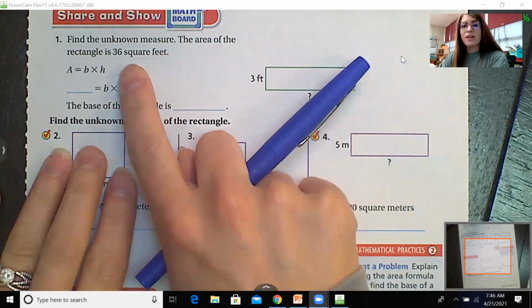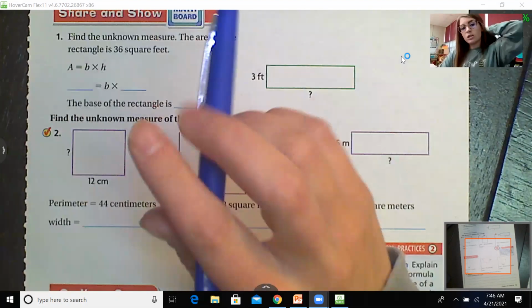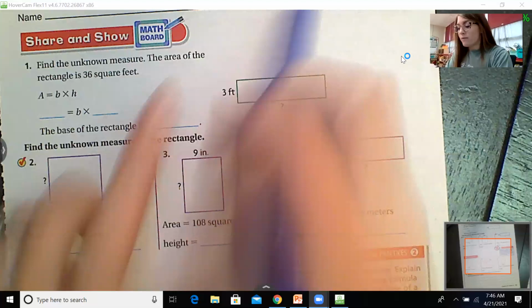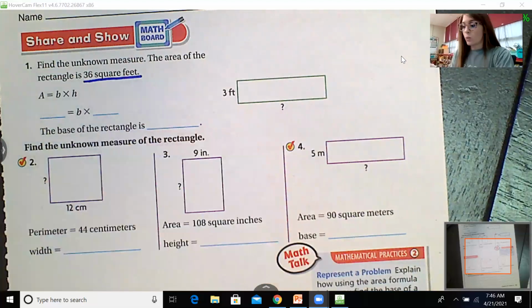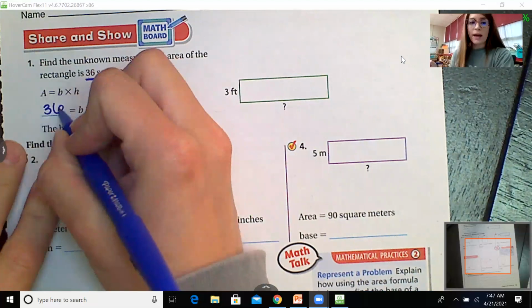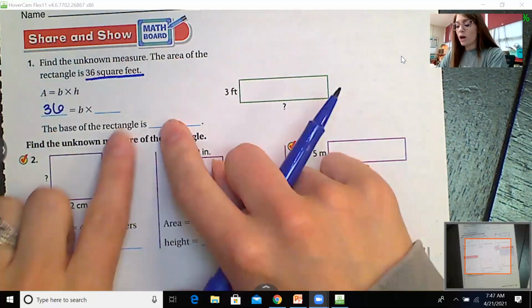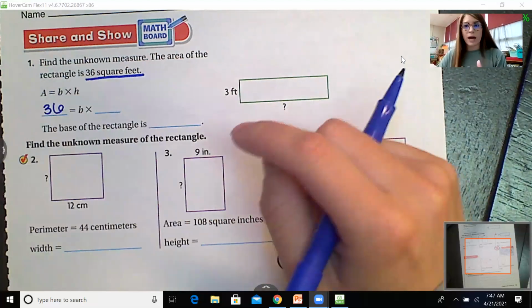It wants us to find the unknown measure, and we're giving a couple pieces of information. So the area of the rectangle is 36 square feet. Okay, so we know that the area total is 36 square feet. Now we know when we find area, we do base times height, length times width, whichever way you want to look at it.